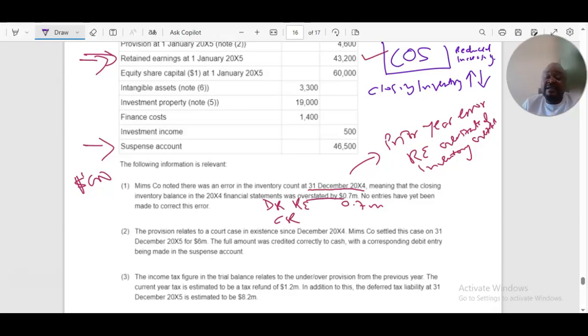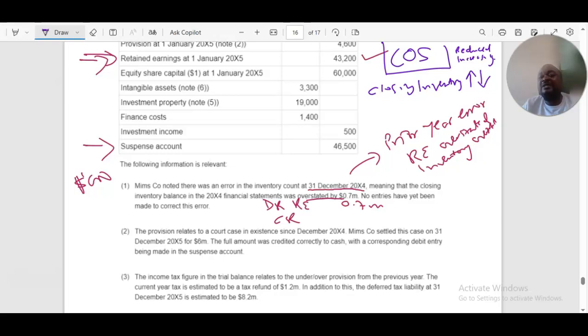But in this case, the closing inventory was high, which means the cost of sales was small, and more profits were made, but it was wrong. So something now should be addressed.